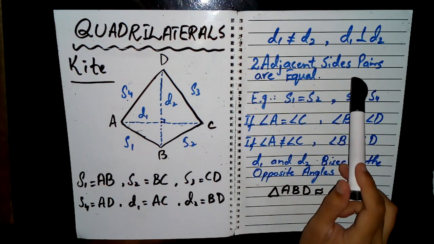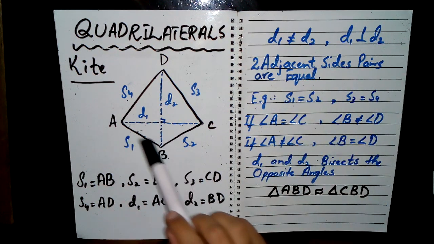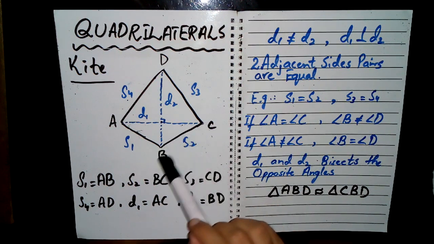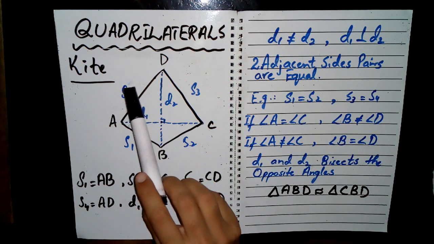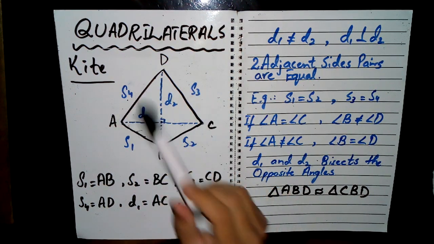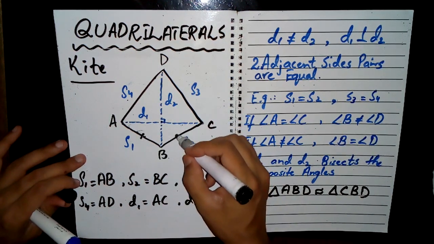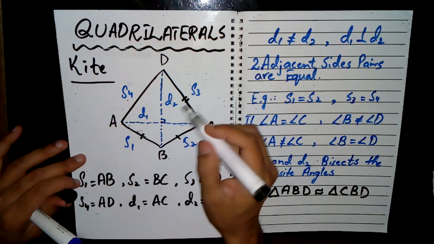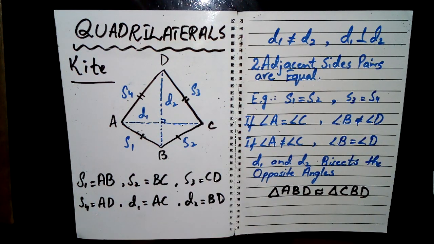Two pairs of adjacent sides are equal. So basically side 1 and side 2 are one adjacent pair, and side 3 and side 4 are another adjacent pair. So S1 equals S2 while S3 equals S4.